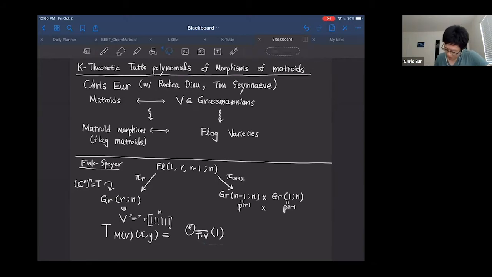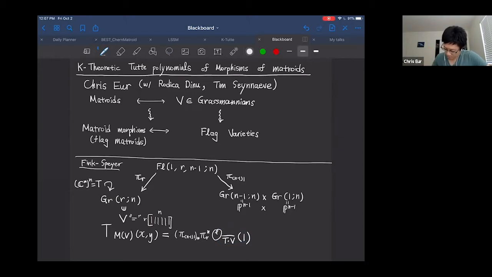And then to this thing, what I'm going to do is pull it back and then push forward. So all the pullbacks and push forwards in this case are, well, pullback is just pullback, and push forward, I really mean the derived push forward. So for those who are thinking about this K-theoretically.